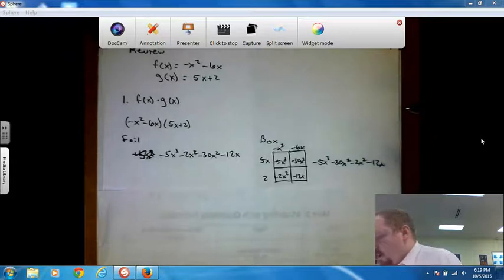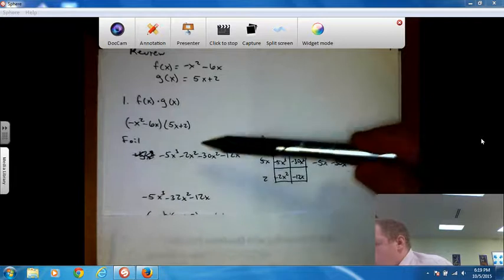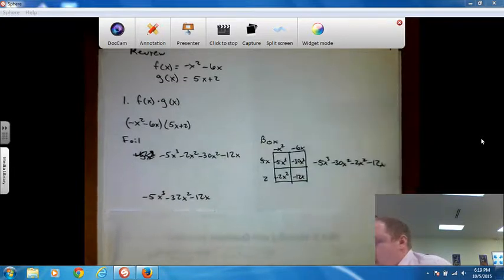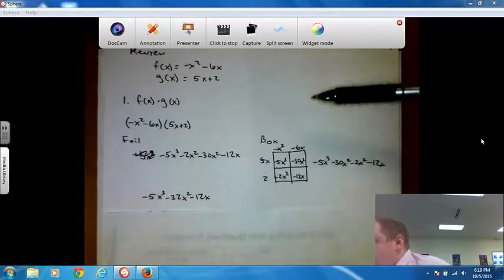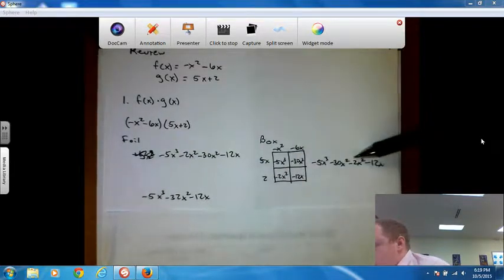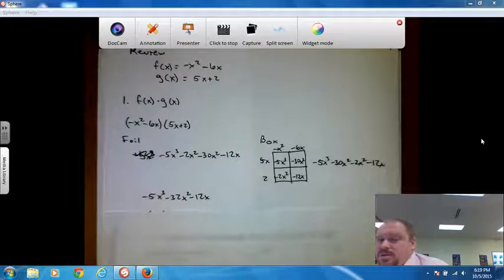Now, as we look at these, we notice that we can combine the squared terms. We have negative 2x squared minus 30x squared, and that appears in both. So it simplifies to negative 5x cubed minus 32x squared minus 12x.